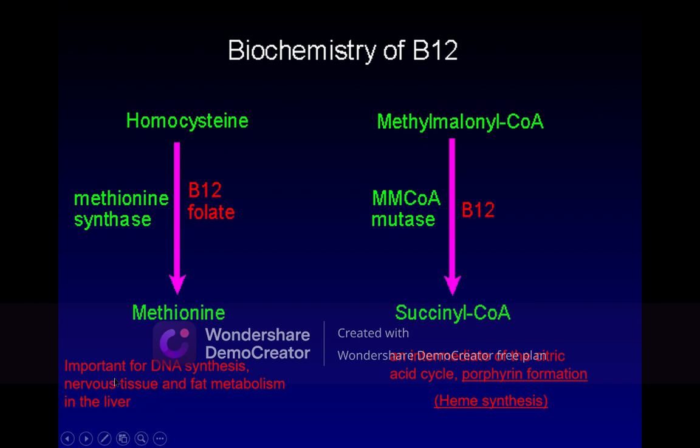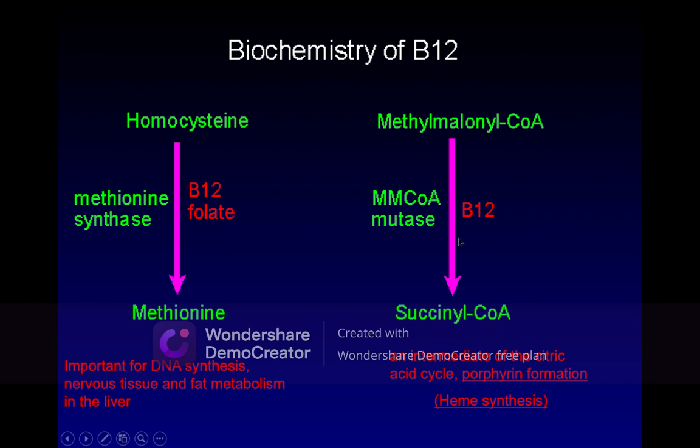So it is important for every cell. It needs methionine synthetase in the presence of B12 and folate. Both are needed, so both deficiencies will cause this problem. This is known as the folic trap cycle. Here you see methylmalonyl CoA needs B12 and methylmalonyl CoA mutase for converting into succinyl CoA.